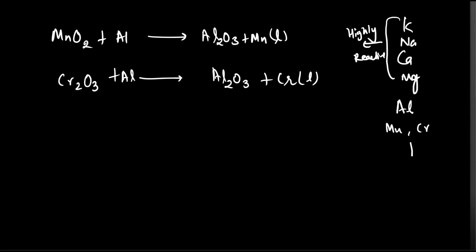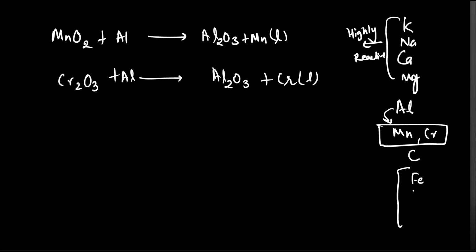After manganese and chromium we have zinc, but I'm placing carbon here also, because the metals below it can be reduced with carbon. These above can be reduced with aluminium. So this is zinc, iron, lead, tin.